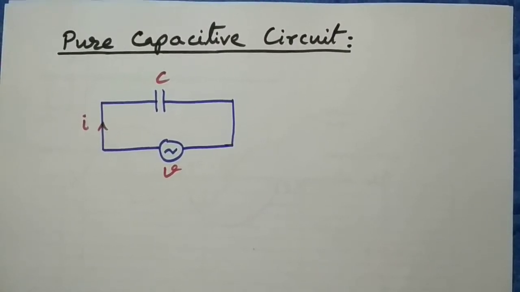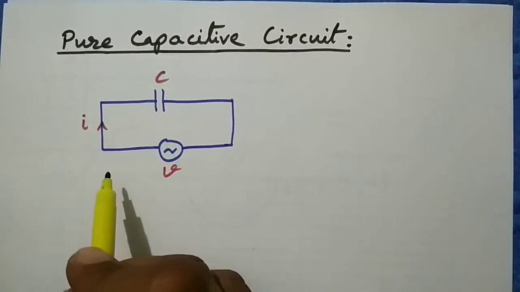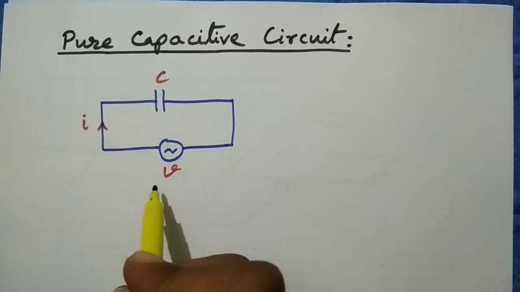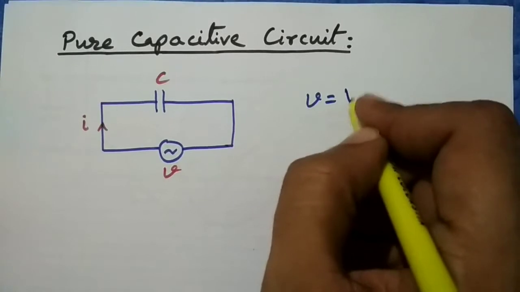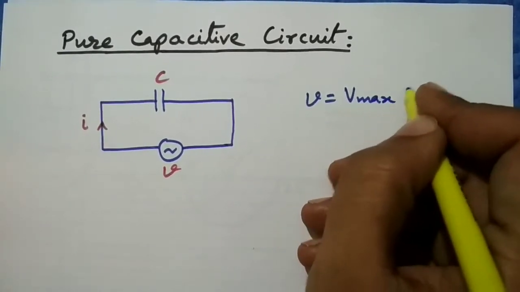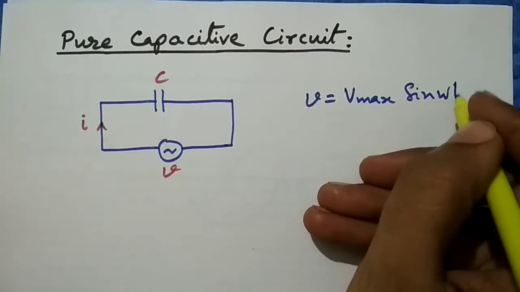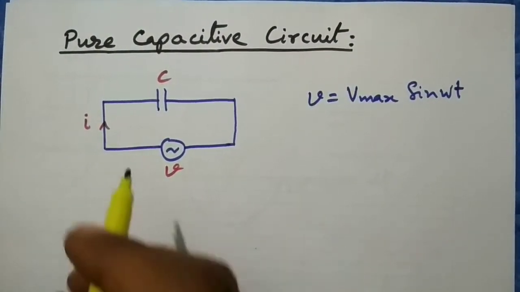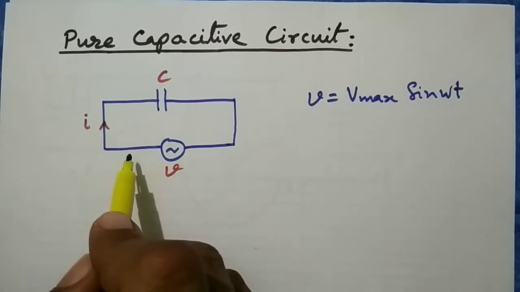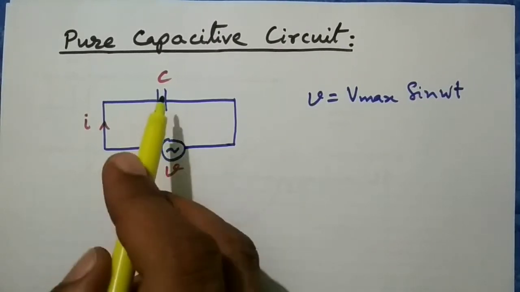Now here in this purely capacitive circuit, we apply a voltage V, where V is equal to V max sin omega t. So a sinusoidal voltage is applied across the capacitor. So the charges will start to flow from the source to the capacitor.